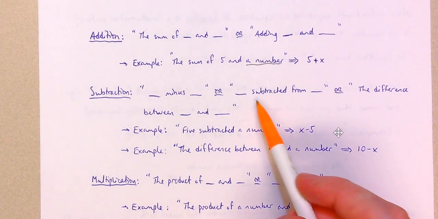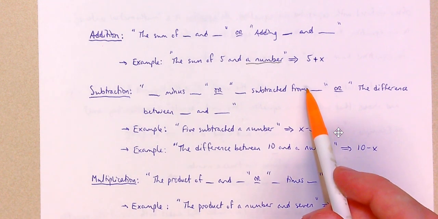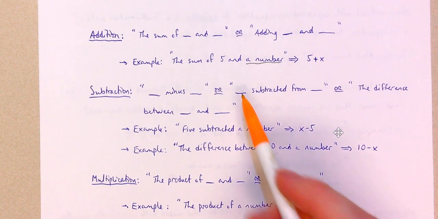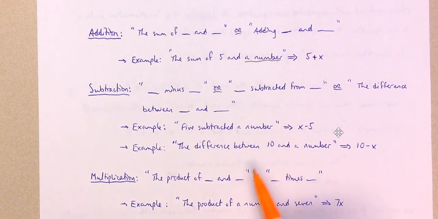If you see blank subtracted from blank, what's actually happening there is it's second blank minus first blank. So you have to be a little bit careful when it comes to the key words and key phrases for subtraction. I have a couple samples here to show us the difference between these two phrases and what they actually mean.